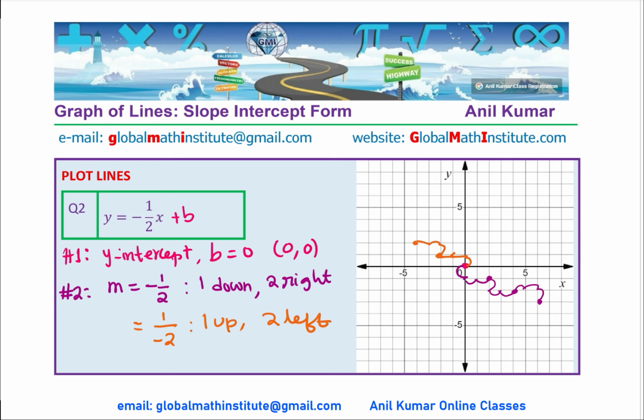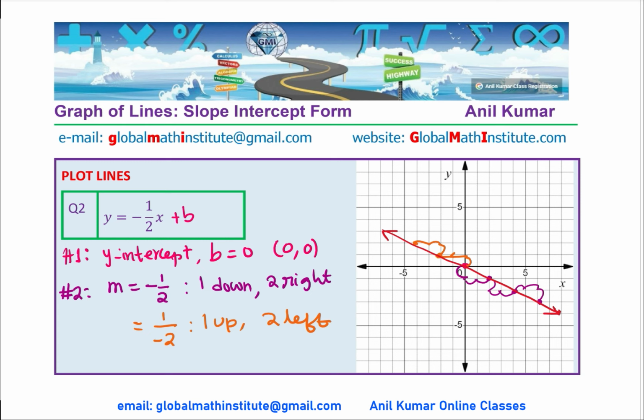I get a point. So all these points are on the same line. Correct? Now I can connect this line. We already have 5 points without doing any calculation. Do you see that? So we get our line without even calculating any point.